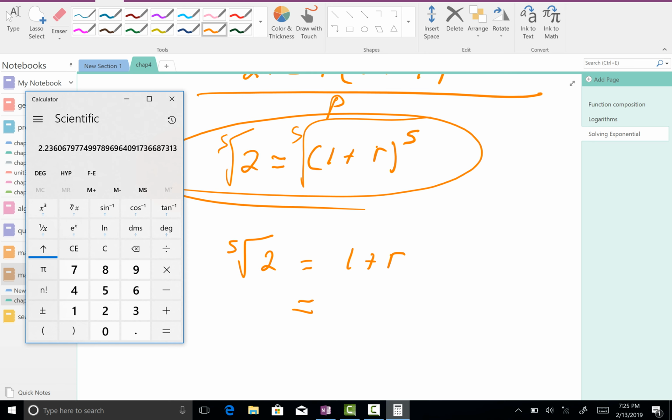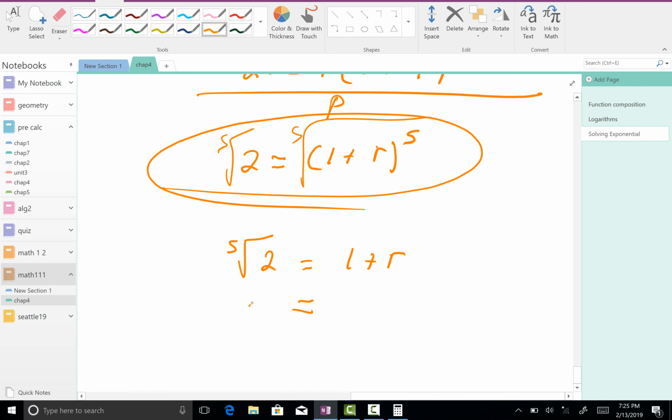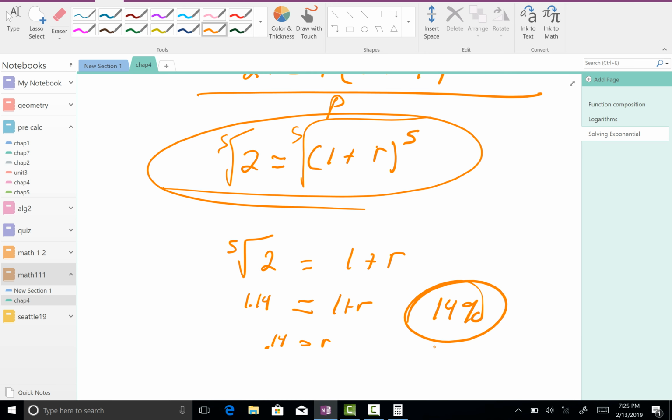That can't be right. 1.14. Yeah, 1.14. So then if we subtract, I had it right. So if we subtract 1, that's about 14.14 or 14%, right? Which makes sense because it's going to be a pretty high rate to double in 5 years.